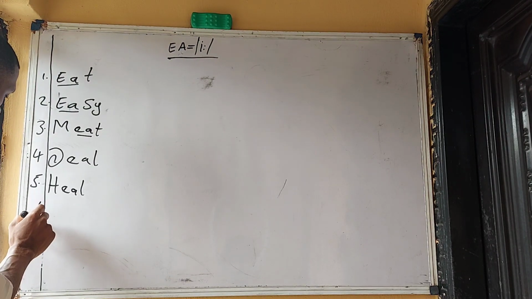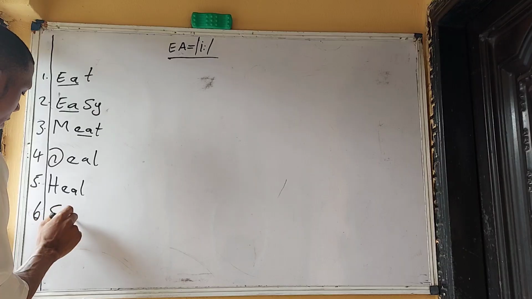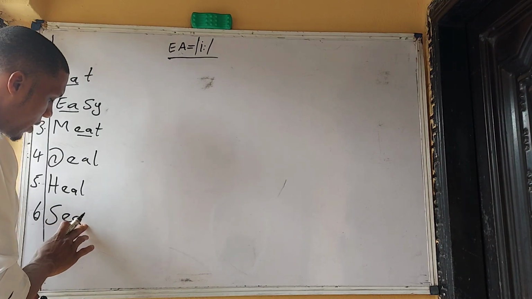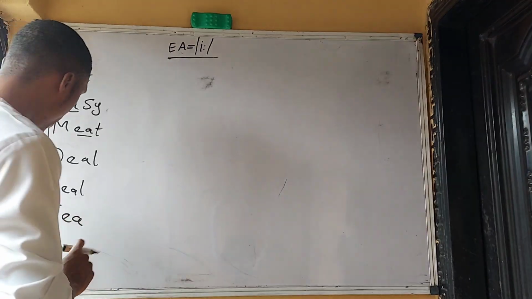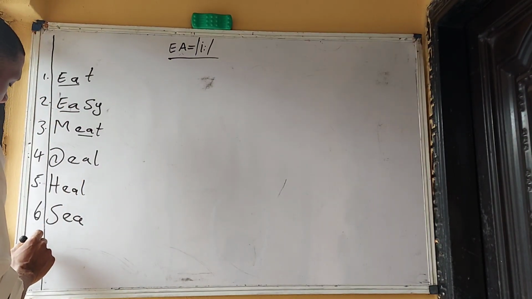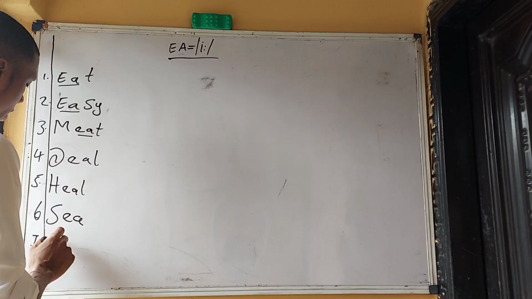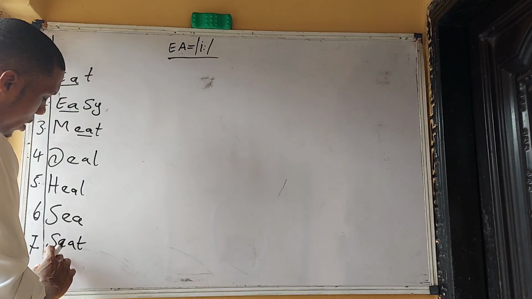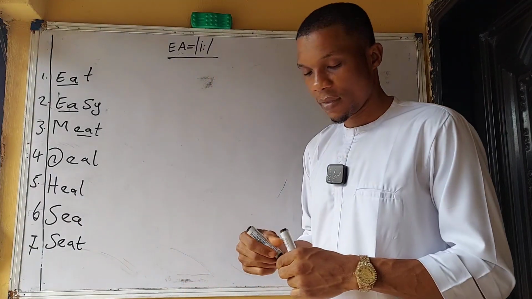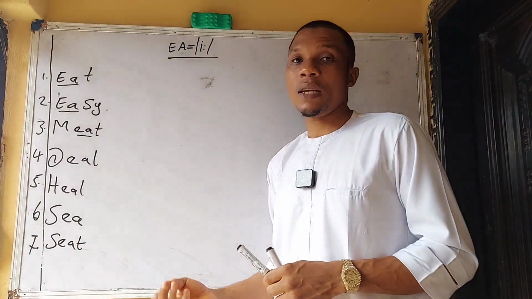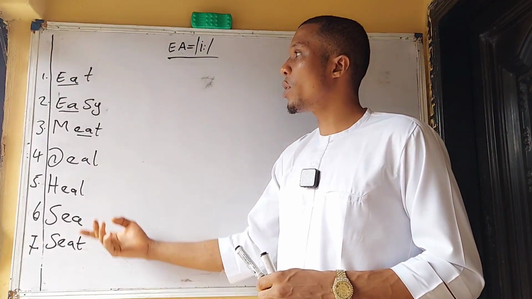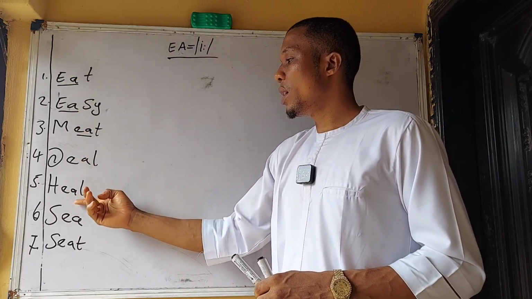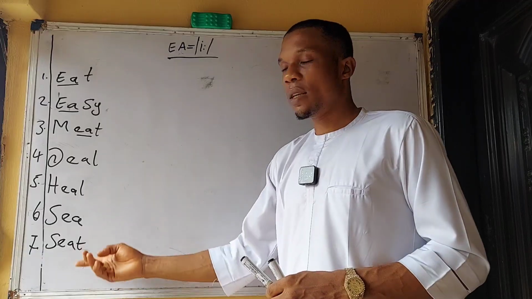Then 6, S-E-A is what? C. C. Number 7, S-E-A is C. If you add T to it, it becomes what? Sit. Sit. As you can see, it's taking shape already. We have eat, easy, meet, deal, heal, see, and sit.